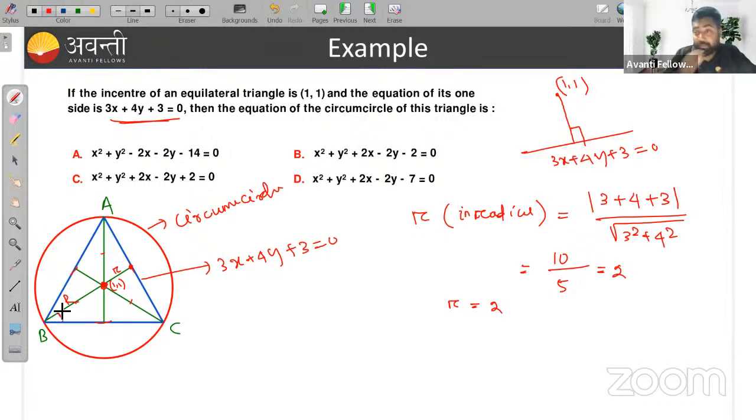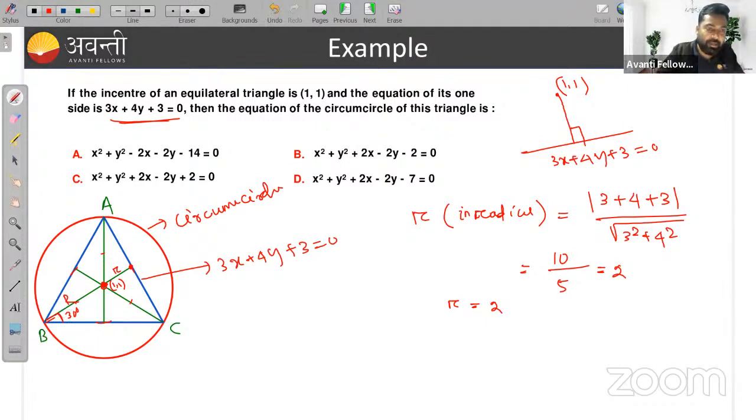Now, if this is an equilateral triangle, all the angles will be 60 degrees. If this green line is the angle bisector of angle B, then this angle will be 30 degrees.